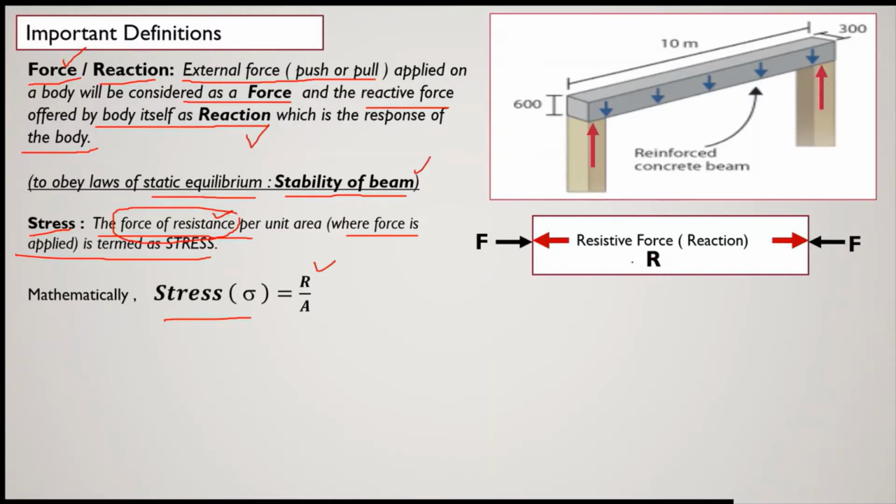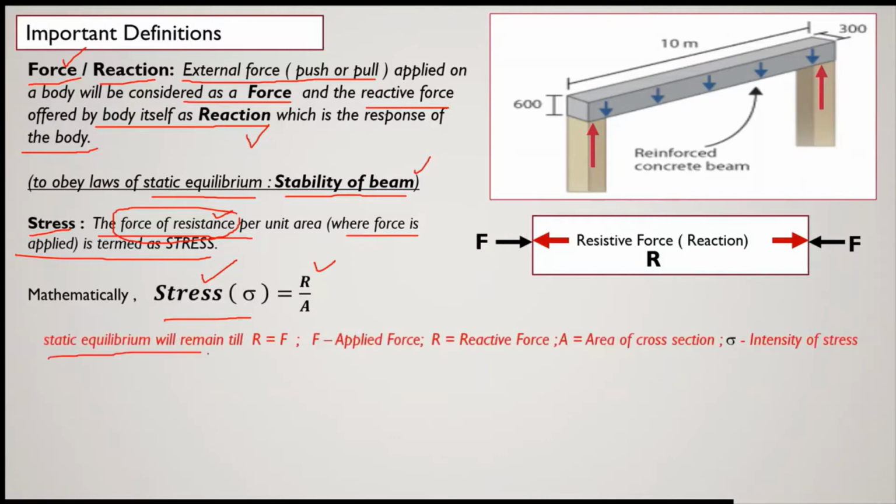And when F is more than R, then deformation will happen. And when deformation happens, then stress will not be acting on it. So what is stress? It is how the body is responding. When the body is responding without any deformation, then that resisting force per unit area is stress.